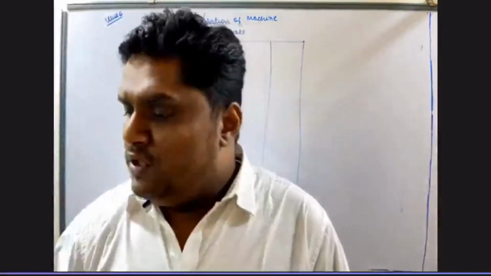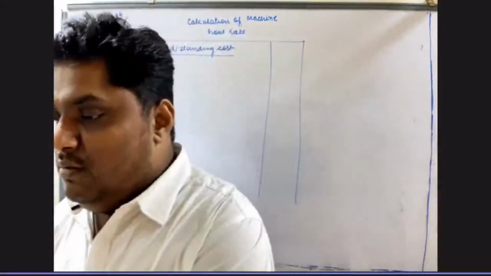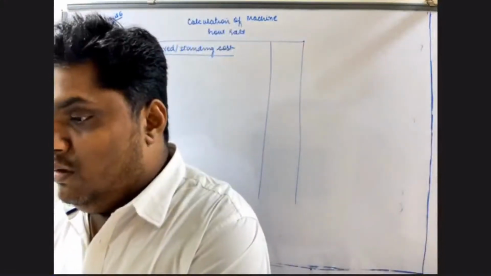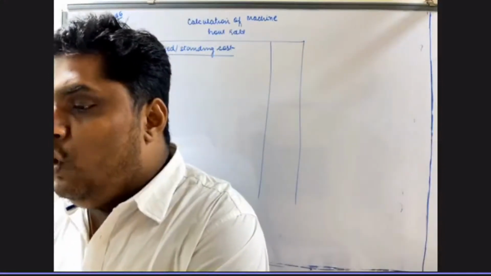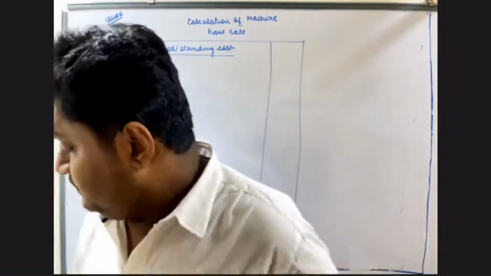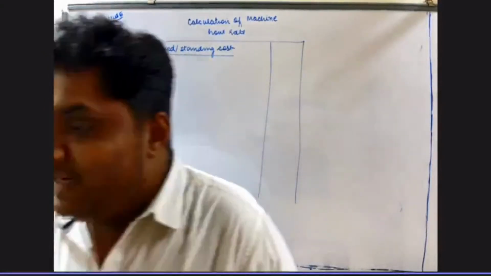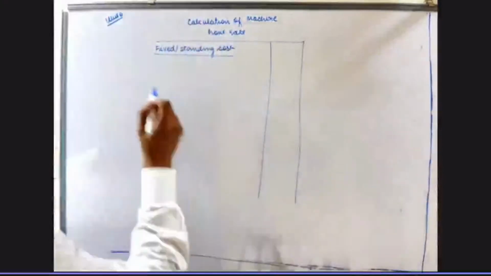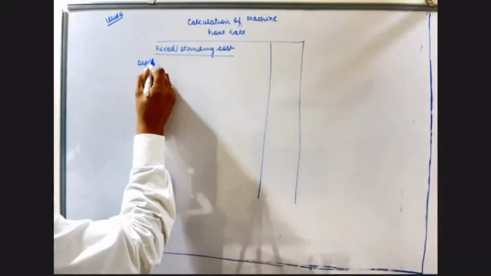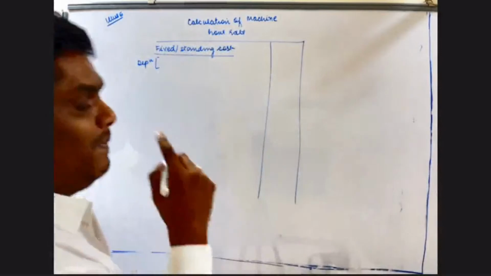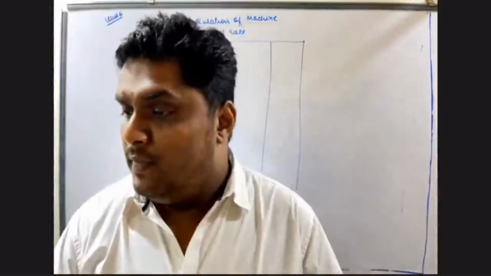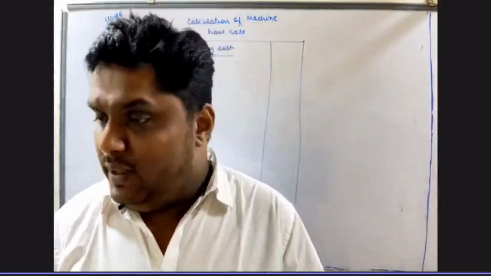So the first part is the depreciation. The page number is 4.34. So let's start with depreciation. We'll be calculating it in monthly form.